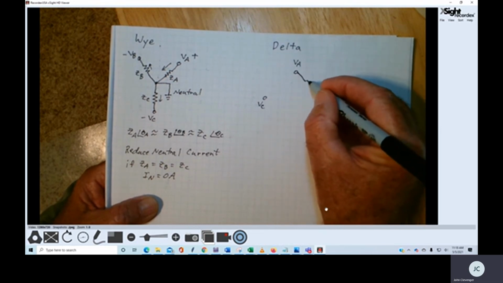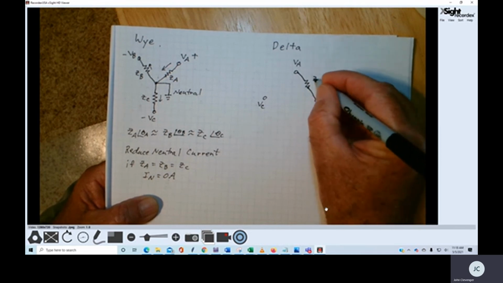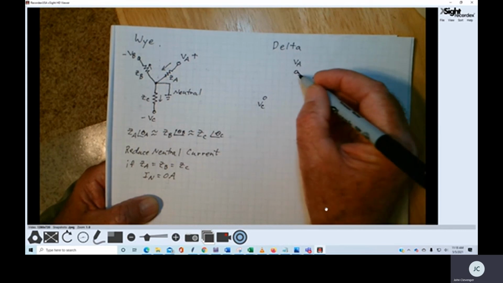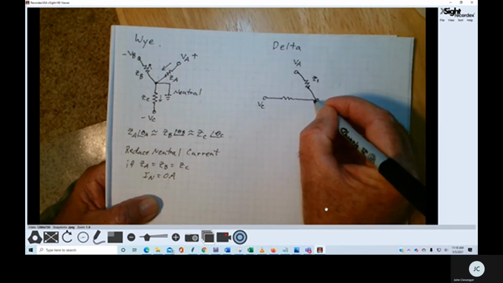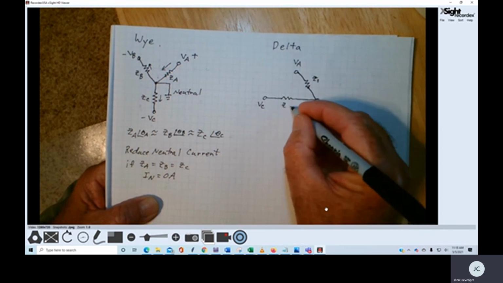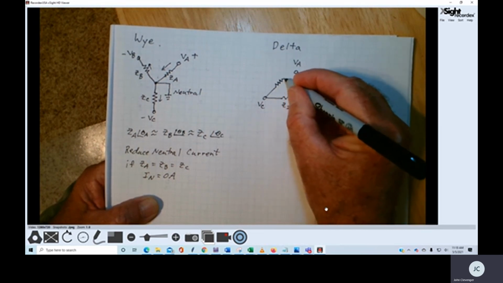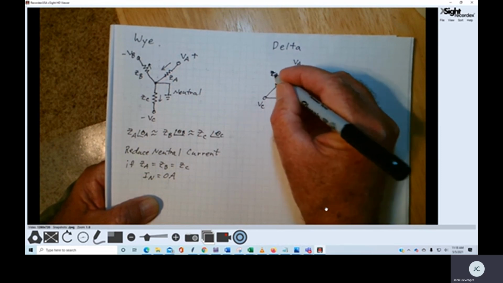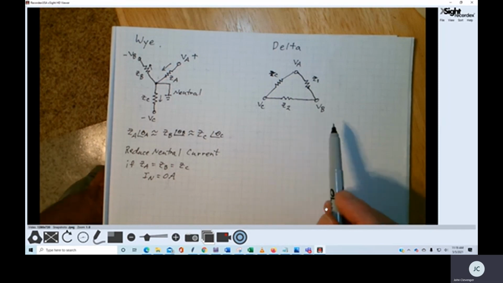Now, existing between VA and VB, we'll call this Z1, impedance 1. And between B and C, we have some impedance. I'll call this Z2. And here some third impedance. We'll call this ZC.